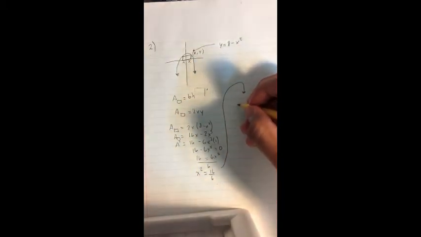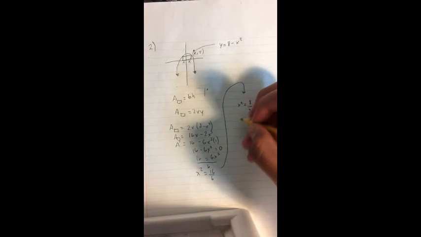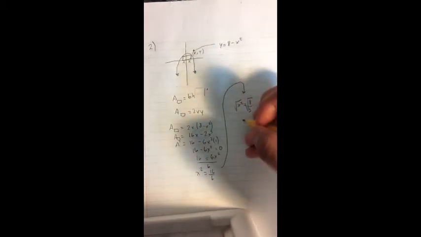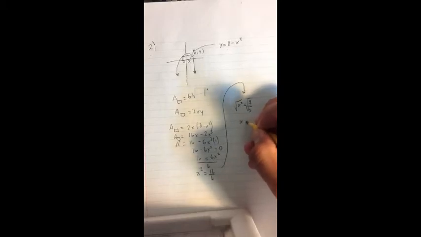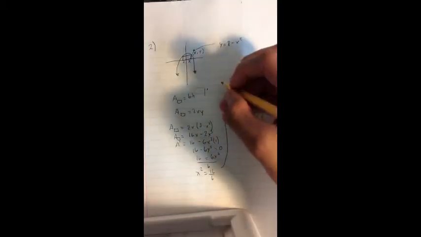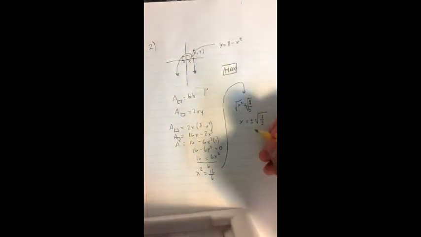Let's take this up top, and if we simplify this, it would be better if we said x squared equals 8 over 3, and if we take the square root, we know that x equals plus or minus square root of 8 over 3. But we know that we want to get the max area, so we don't want a negative.